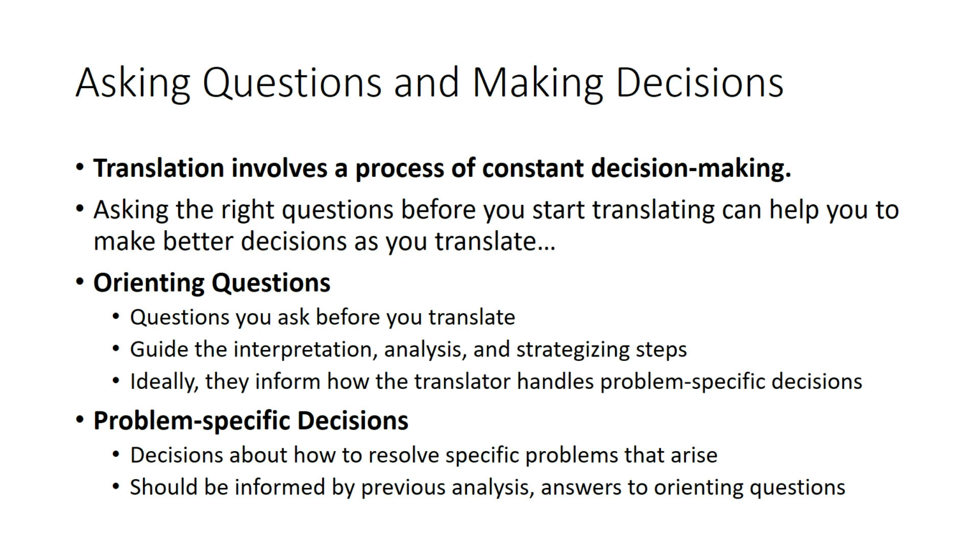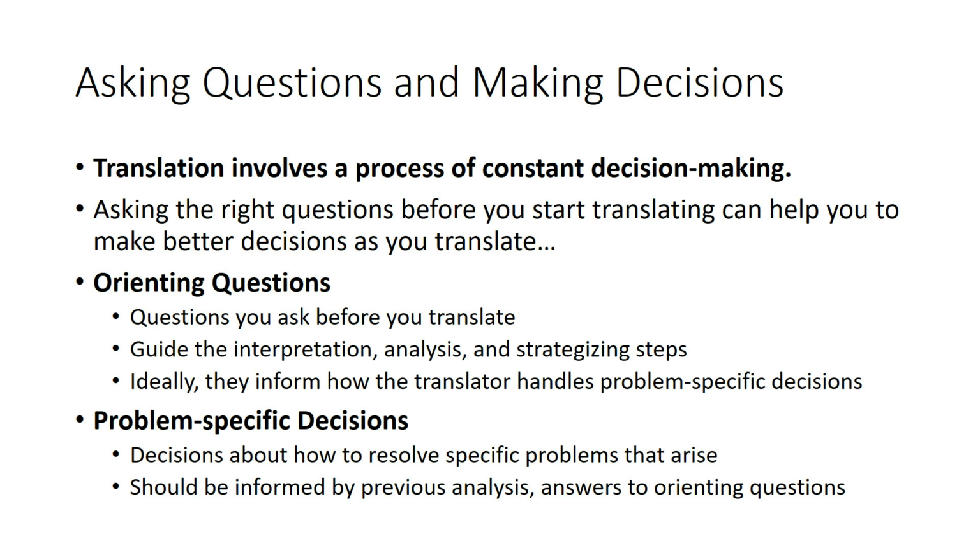Something that anyone who's ever attempted to translate a text understands is that translation involves a process of constant decision making. You're constantly being confronted with decisions. What should I do at this point? I believe that asking the right questions before you start translating can help you to make better decisions as you translate. So we have a distinction between orienting questions and problem-specific decisions.